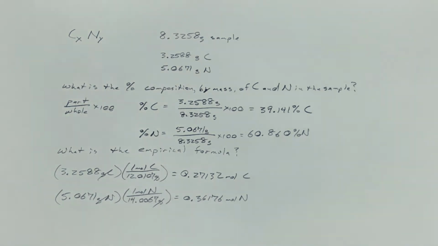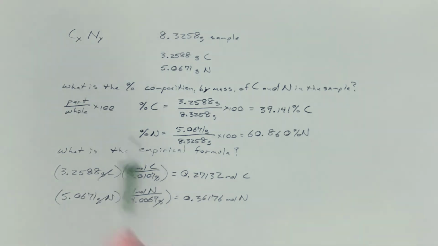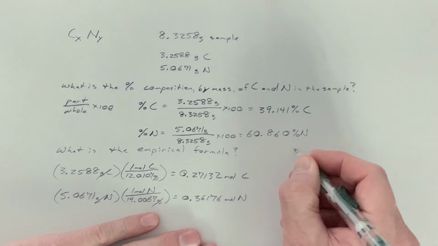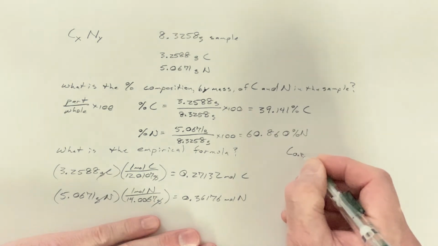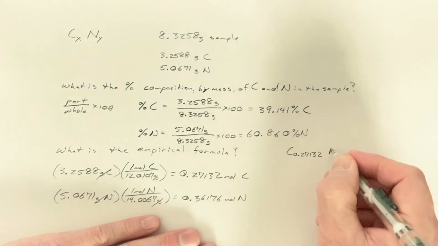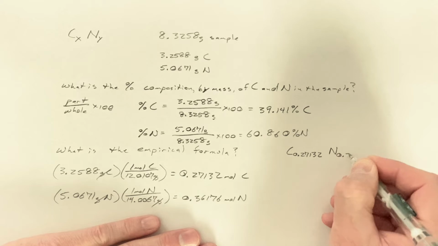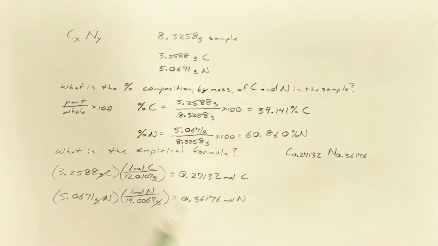We shall then say this is our value for X and this is our value for Y. So our empirical formula we determine by writing C0.27132 N0.36176. So we are saying that X and Y, the subscripts in our formula, represent the moles of carbon and nitrogen.